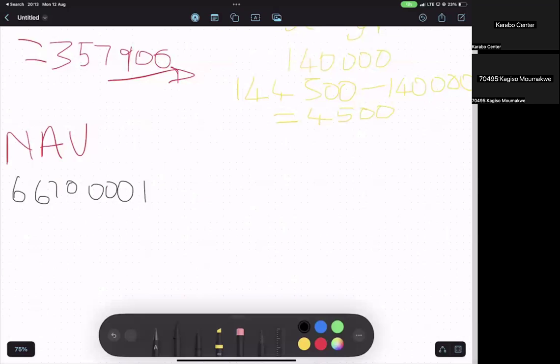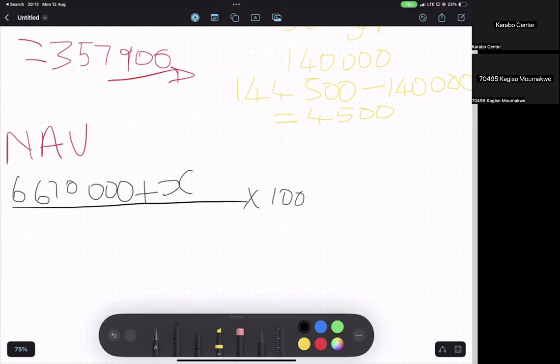We add it to our retained income, which is an unknown, an X right now, because we are looking for that retained income. Times 100.